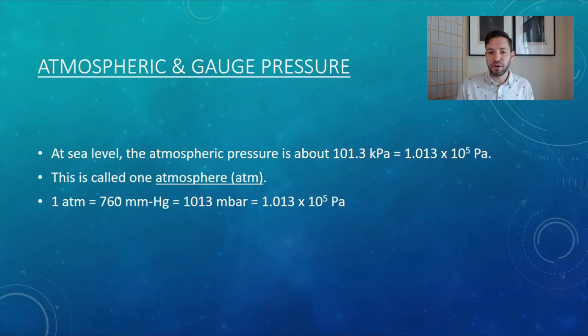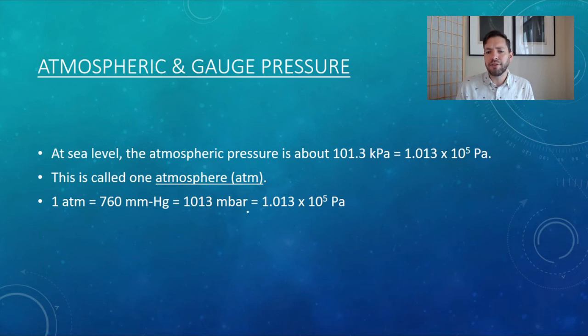And there are some other conversion factors down here between different units of measurement for pressure. We have atmospheres, this is millimeters of mercury. This is used in barometers, in blood pressure cuffs. We have millibar, which is used in weather forecasting, meteorology.